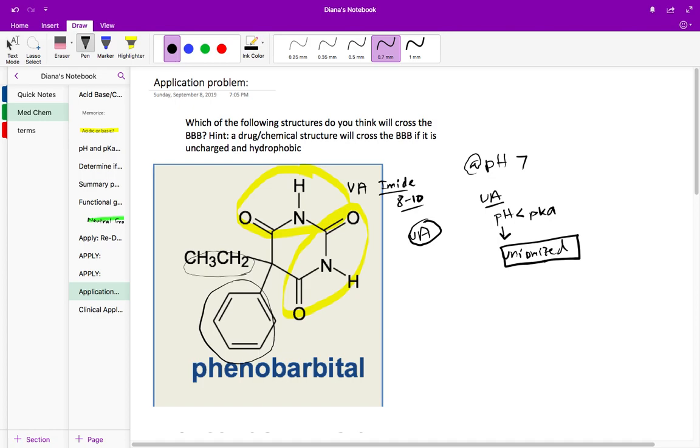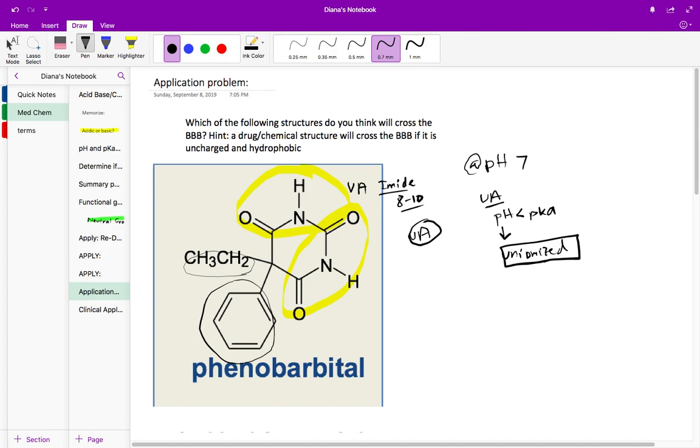Yeah, if we're just thinking about acid-base chemistry here, we know that we have a UA, the pKa is 8 to 10, the pH is 7, the pH is less than the pKa, and so we are putting an acid in an acidic environment, and so it's going to be unionized. The only way to make your unionized acid ionized would be to put it in a basic environment.